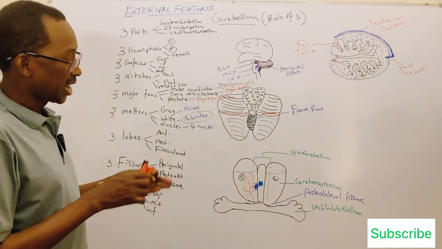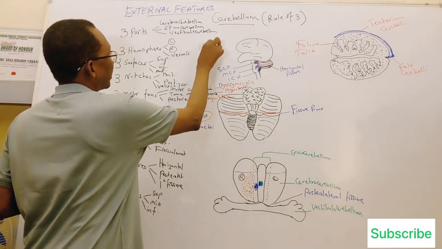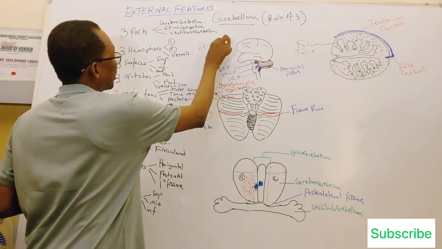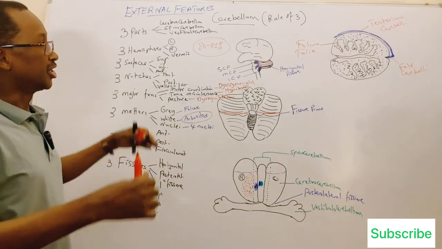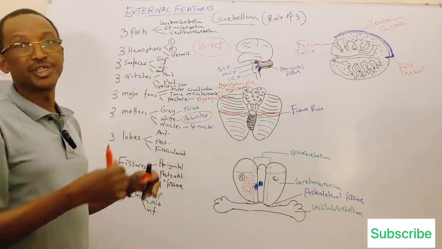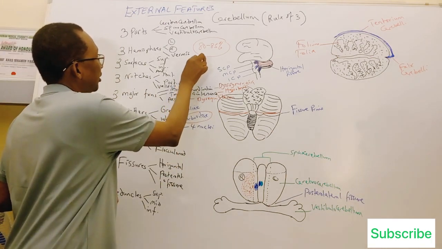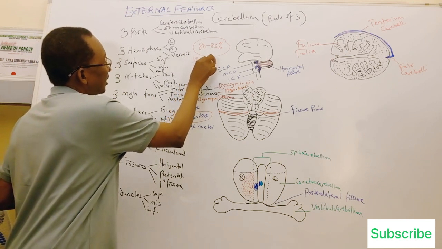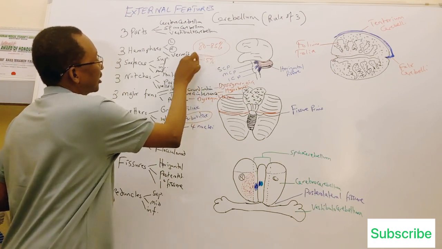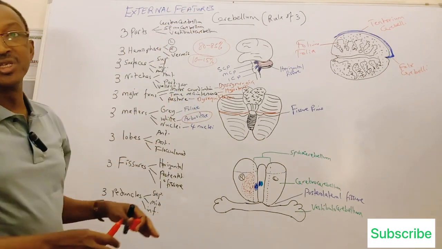The folia serve to increase the surface area of the two cerebellar hemispheres, and it has been stated that about 80 to 85% of the gray matter of the cerebellum is enclosed in the folia. So the remaining 10 to 15% of the gray matter of the cerebellum is the one that we see outside.